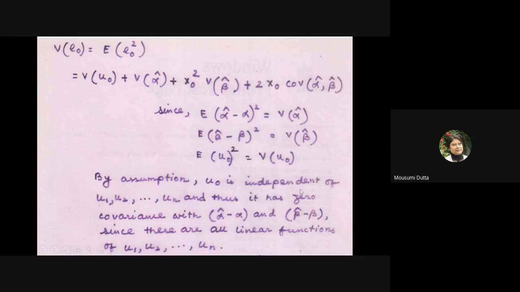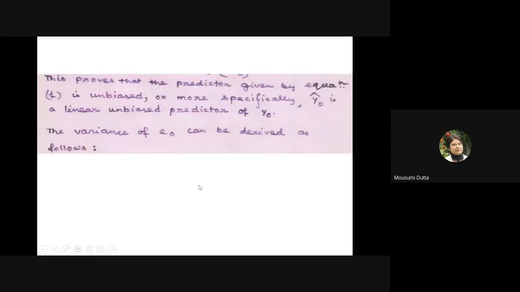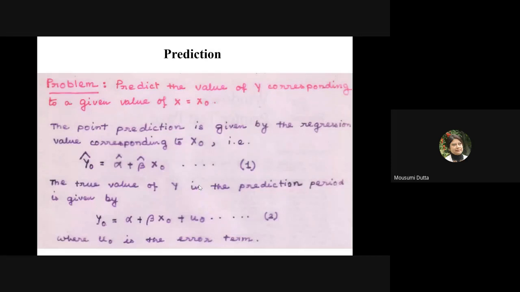By assumption, U naught is independent of U1, U2 to UN, because this is the error of the true model. This is the error of the predicted model, the error of the test, the error of this particular model when x naught is there. And alpha hat and beta hat have been calculated on the basis of the standard regression model Yi equals alpha plus beta xi plus ui.